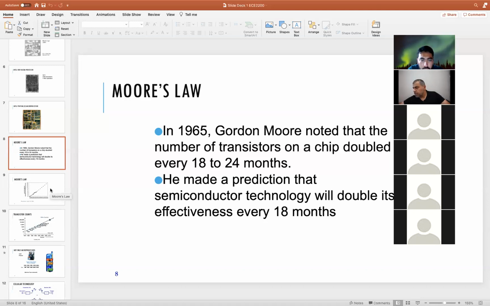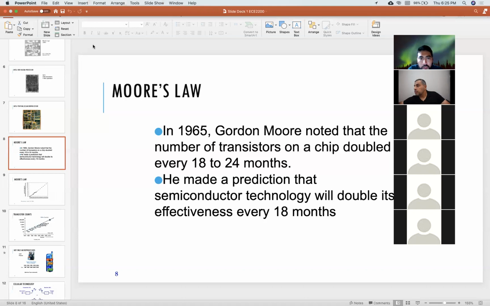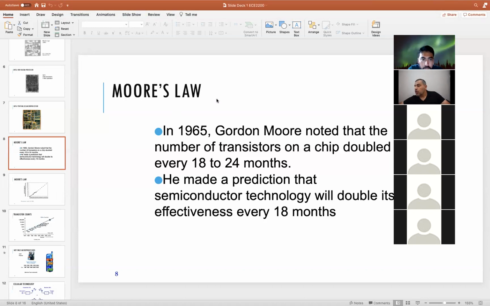So right now, these factories are known by the minimum size of device that you can make in them. And right now, the most aggressive ones are 5 nanometers.